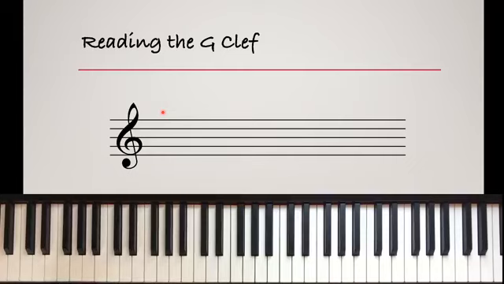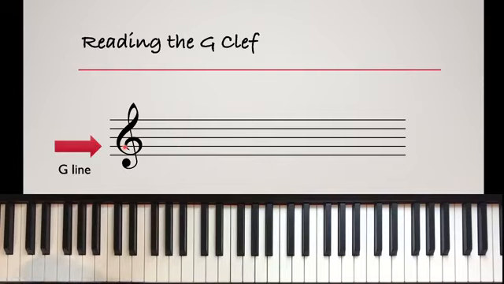And we introduced this symbol here, and we said that this was actually a musical symbol. It's got a lot of information inside it. It's really a very elaborate arrow. It's pointing to the second line from the bottom, this one here. This line is what we call the G line.